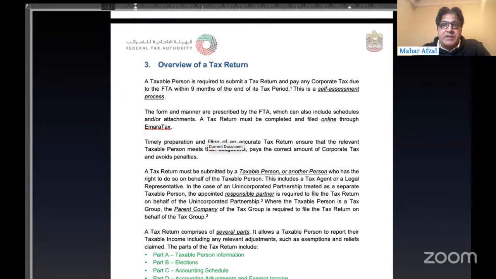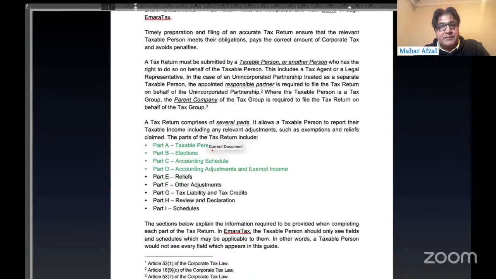Overview: this is a self-assessment. It is your ownership; you will be required to prepare the return, and you will be liable for whatever information you put in, like the VAT return. The return will be submitted on the FTA portal through the online portal.